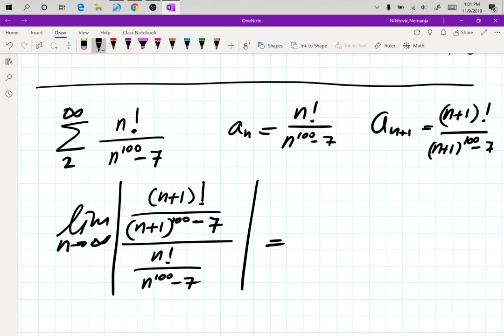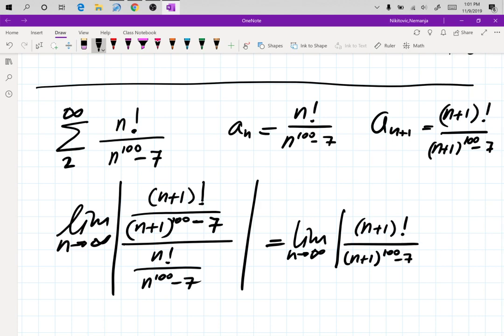When we cross multiply, we get (n plus 1) factorial divided by (n plus 1) to the 100 minus 7 times n to the 100 minus 7, divided by n factorial.